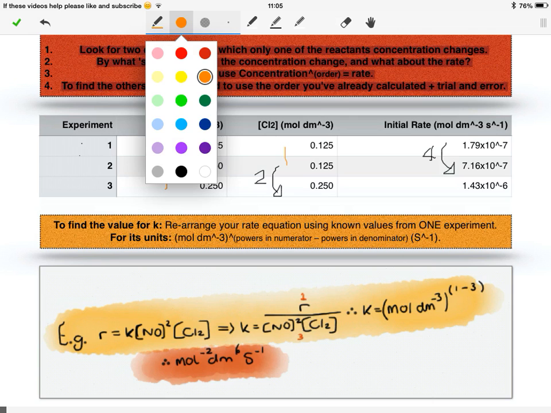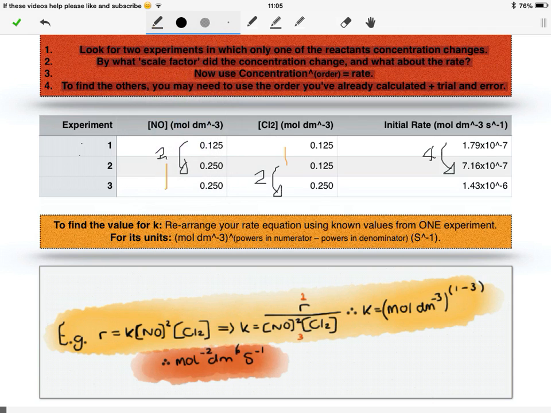So then, looking at the rate, well, this also went up by 2, and you can round, so if you get 1.997, you can round that to 2, and because that's a 2 equals 2 in my little equation style, the order obviously has to be 1, because 2 to the power of 1 equals 2, and use your calculator if you're not quite confident with these, but you will eventually pick it up. So the order for chlorine is 1.